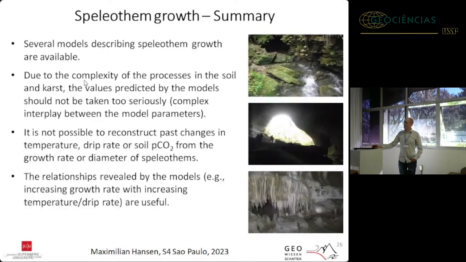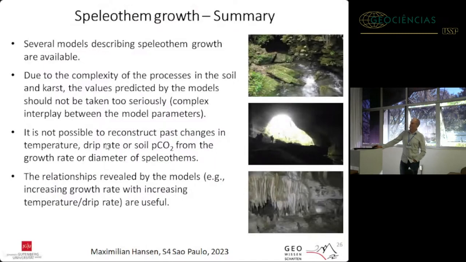Okay, so I just want to wrap this one up. There are several models which describe speleothem growth available, but due to the high complexity of the processes in the soil and the karst, the values predicted by the models should not be taken too seriously. They also model the shape between different marine isotope stages, for example, but I didn't show you that because it's very complex, and I wanted to have time for my slides as well.